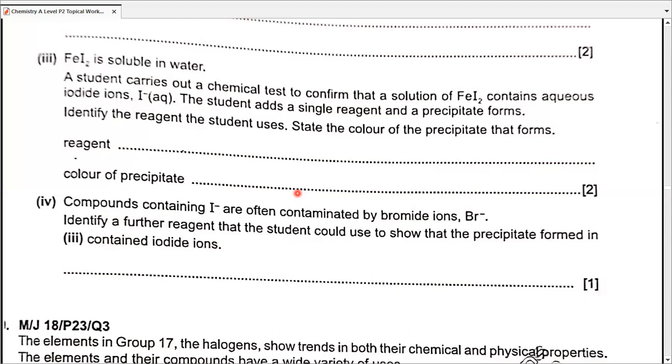Yes, concentrated ammonia solution. So let's discuss how that would bifurcate both things. For example, if you use concentrated ammonia solution, what would happen? The silver bromide will dissolve in it, whereas silver iodide is insoluble in concentrated and dilute. Silver bromide is only soluble in concentrated ammonia.